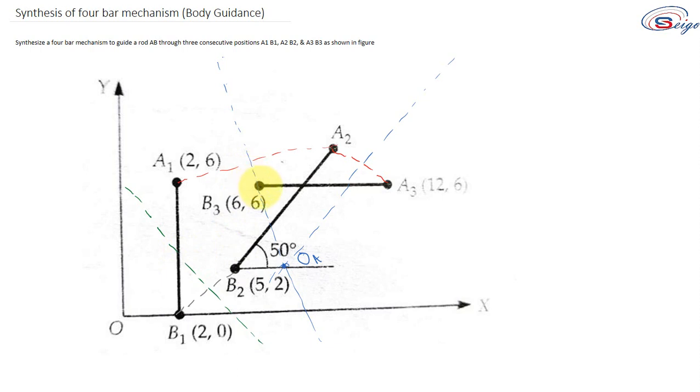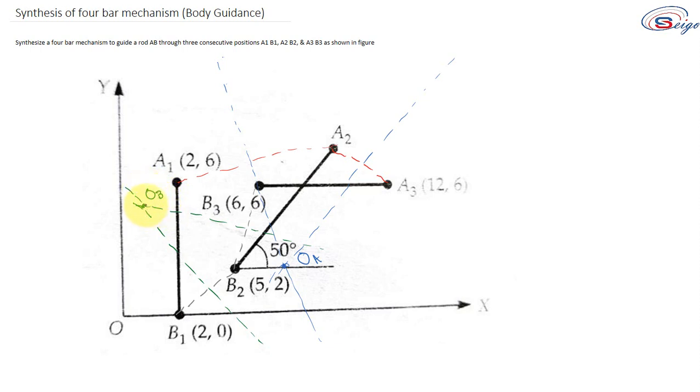Next, join the points B2 and B3. Again, draw the perpendicular bisector of the line B2, B3. Now you can see that these 2 perpendicular bisectors, the perpendicular bisector of B1, B2 and B2, B3, will meet at a common point OB.